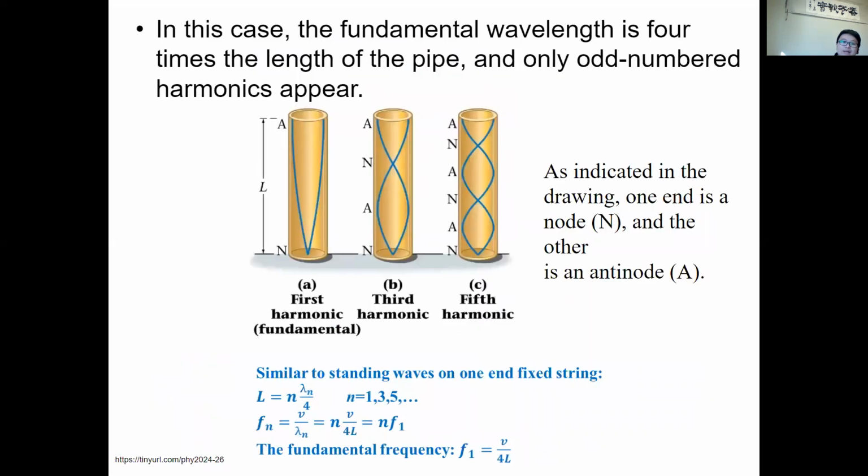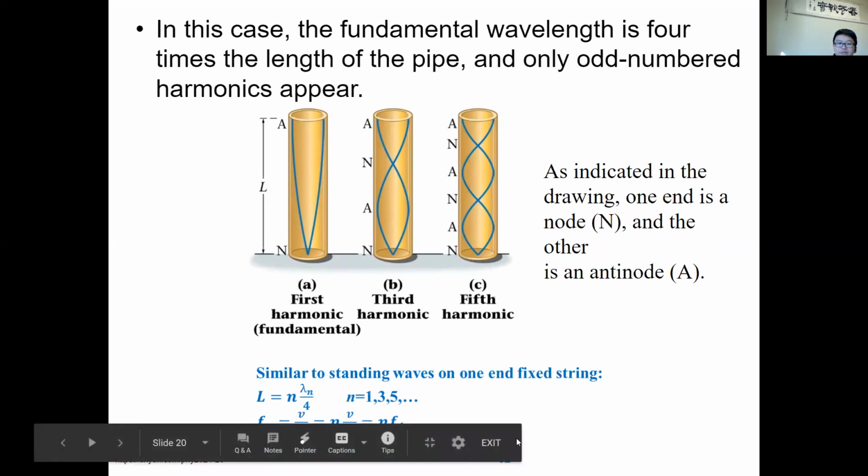If you have one end of the air column open and the other closed, then you get a fundamental frequency of v divided by 4L, similar to the standing waves on a string with one end fixed. Then you have higher frequencies listed in this equation over here.